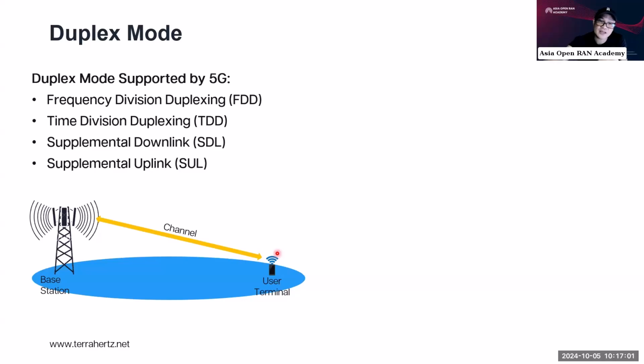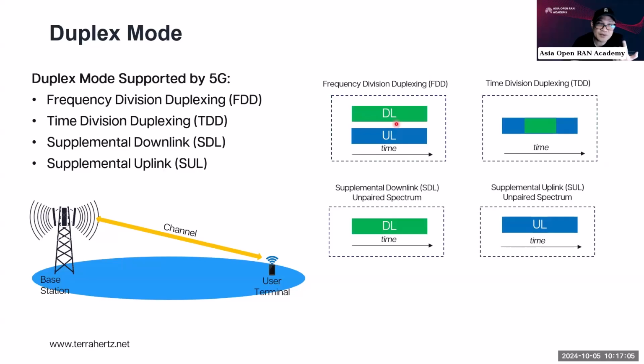Okay? Downlink and uplink. The question is, if you are using different frequency for downlink and uplink, we call it frequency division duplex. Okay? Frequency division. We divide the frequency for those two directions. Now, if those directions, uplink and downlink, are using only one frequency, we call it TDD or time division duplex. Okay? So separated lang siya by time.